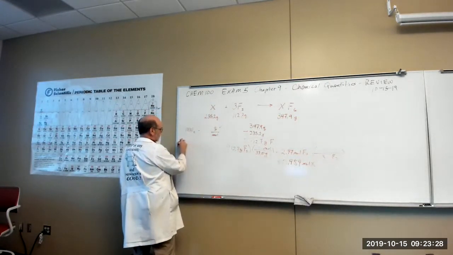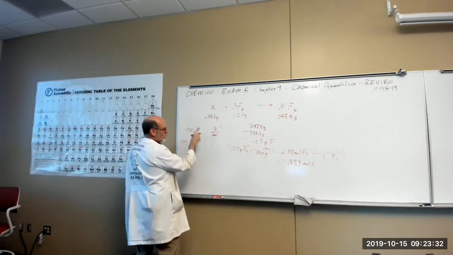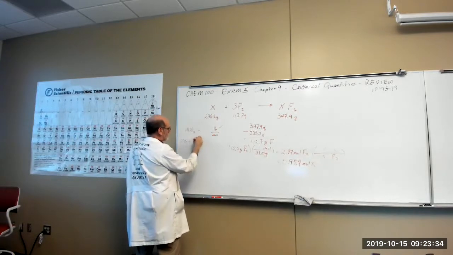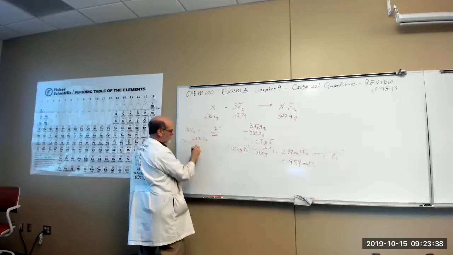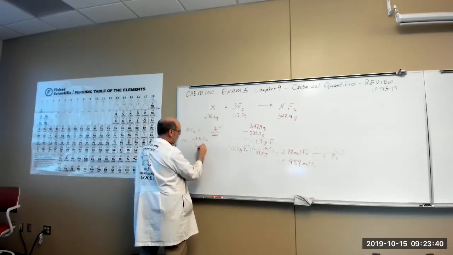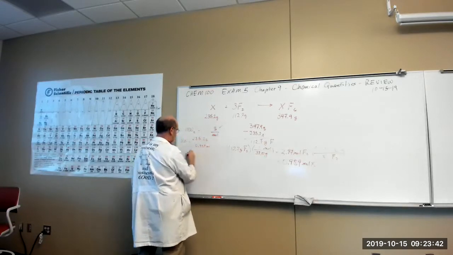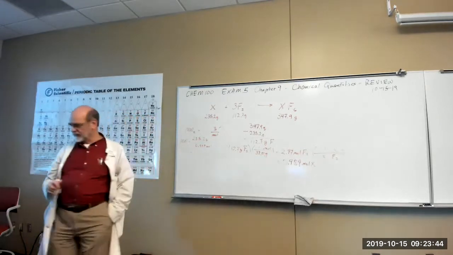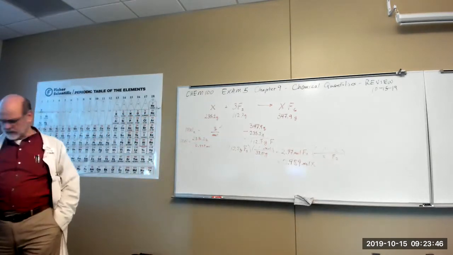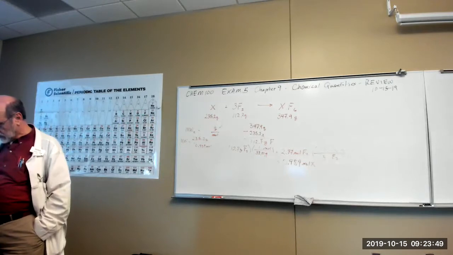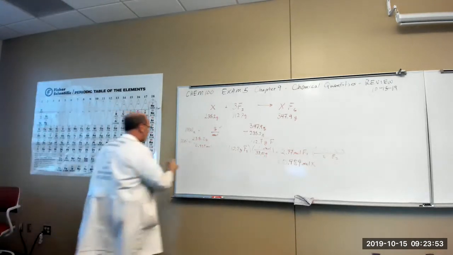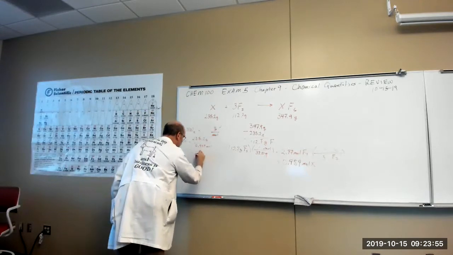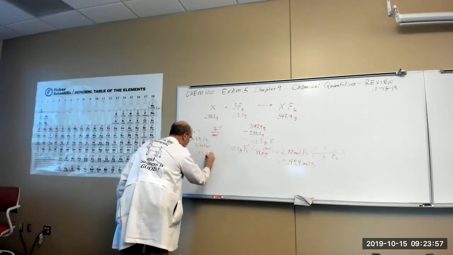So we say molecular weight equals grams, 235.2 grams per 0.989 moles. 238 grams per mole.